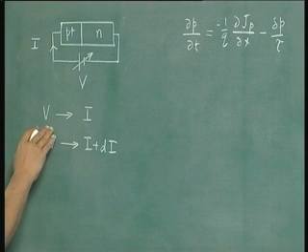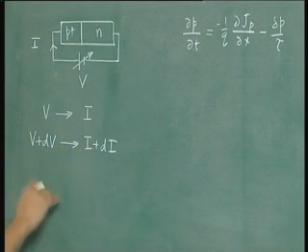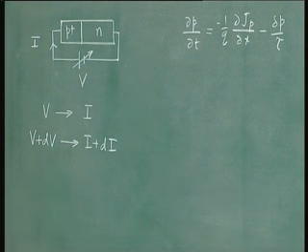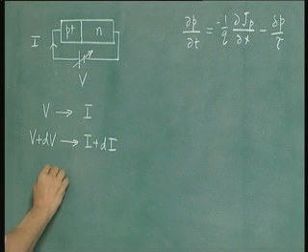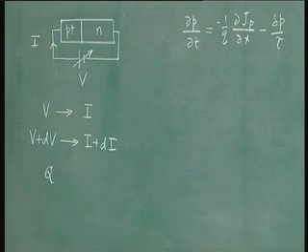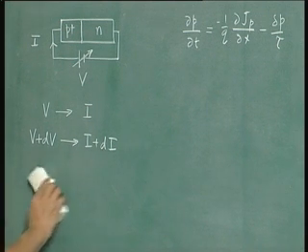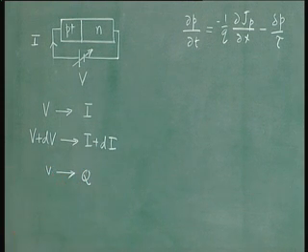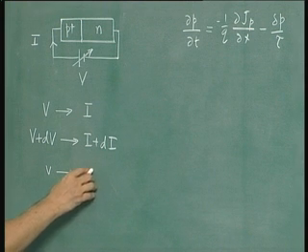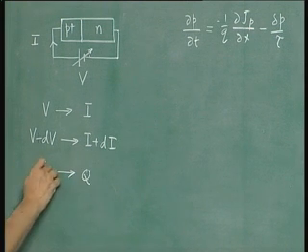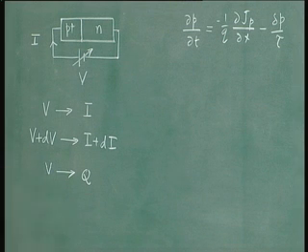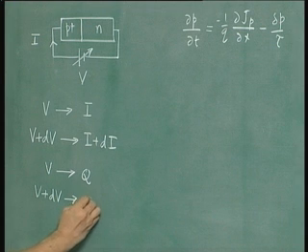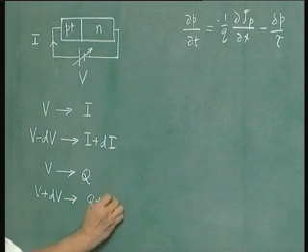Now when the current changes from I to I plus dI, the charges inside the device also will change. So if, for example, you find that a certain charge Q is stored in the device for a voltage V, we will shortly see what is it that is responsible for storing a charge Q. As of now, let us just assume that if a charge Q is stored for V, and when you change the voltage to V plus dV, this charge increases to Q plus dQ.